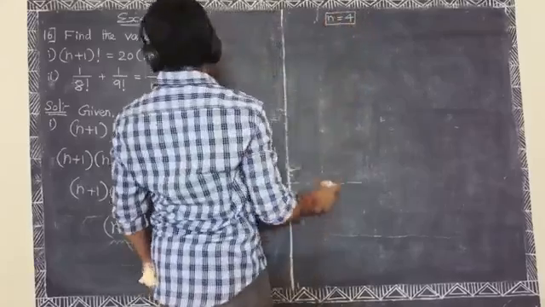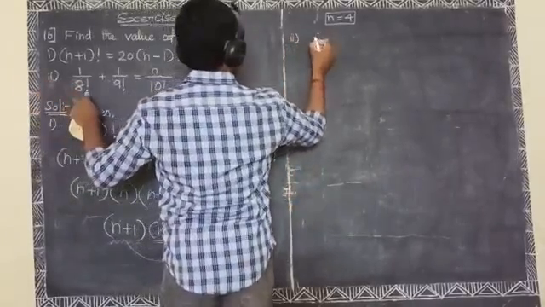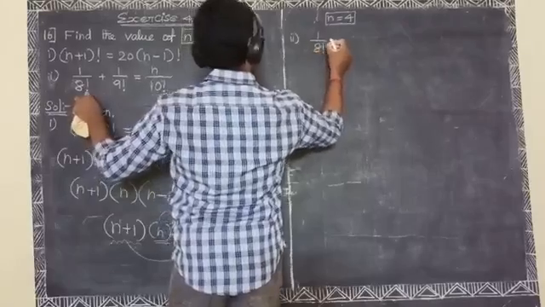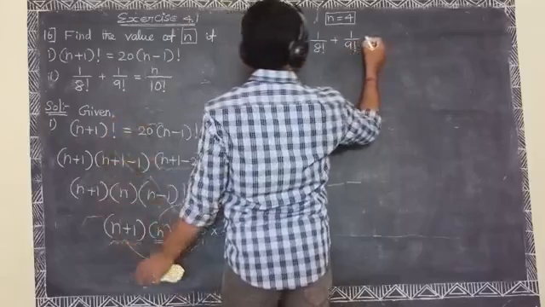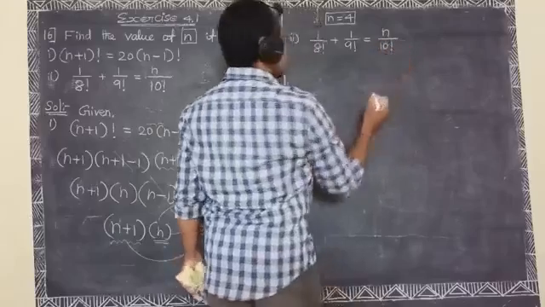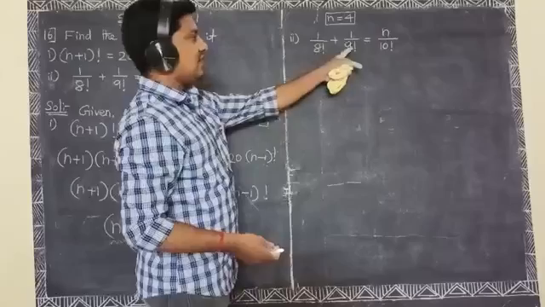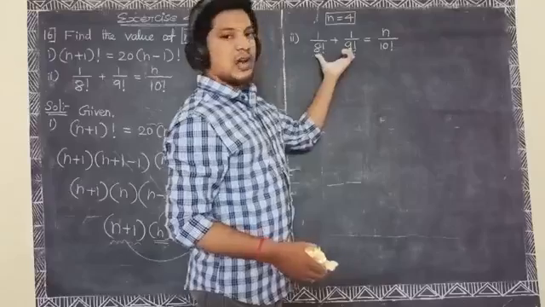Here then the second subdivision: 1/8! + 1/9! = n/10!. On the left hand side, change to 10! for the two terms.